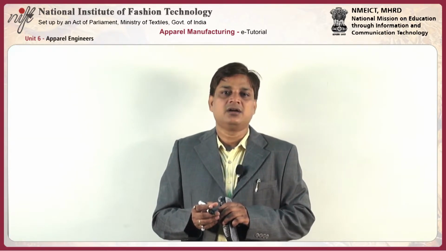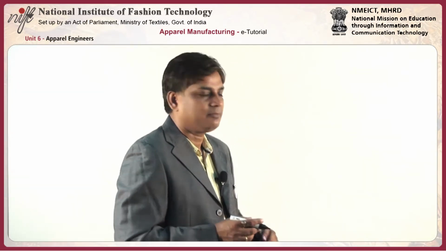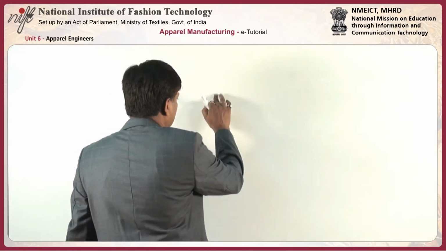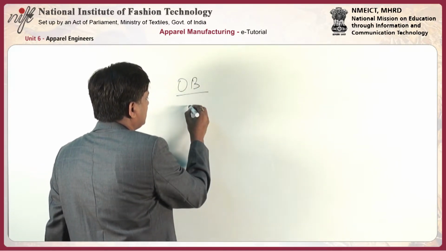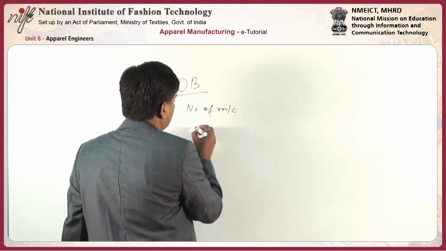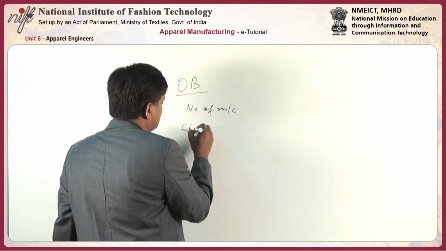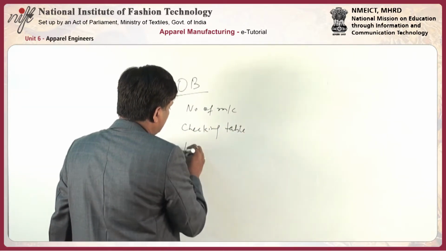Helper tables we require around 9, and checking tables around 5. So from the OB, the operation bulletin, we will come to know how many machines, checking tables and helper tables are required.